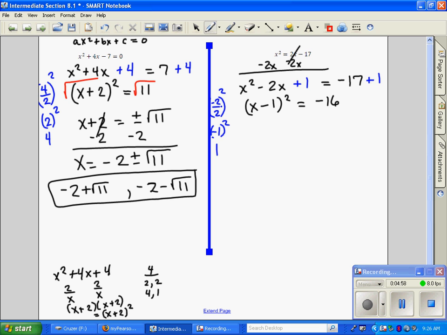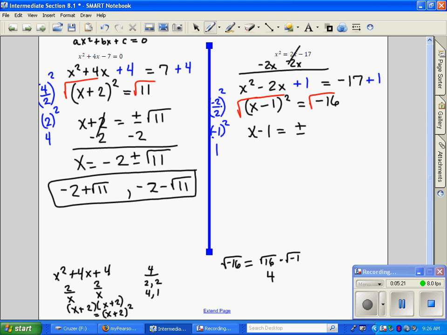We continue our process and we take the square root of both sides. So then we get x minus 1 is equal to plus or minus the square root of negative 16. If I come off to the side, the square root of negative 16 can be rewritten as the square root of 16 times the square root of negative 1.